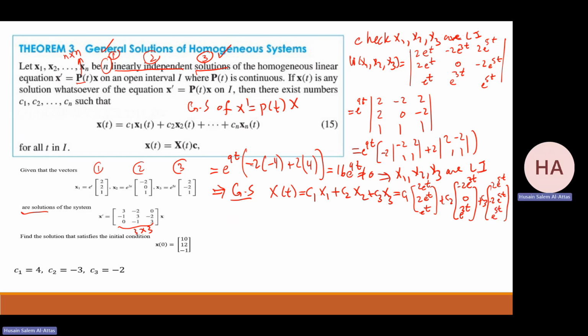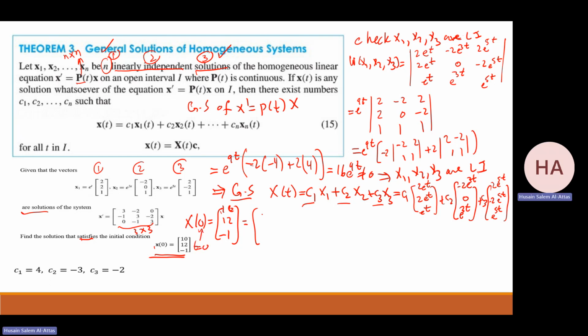Okay. Now I need to find a solution satisfying the initial condition, which means I need to find c1, c2, c3. How to do that? I have x at 0 on one side, which is 10, 12, minus 1. On the other side, I substitute t equals 0.